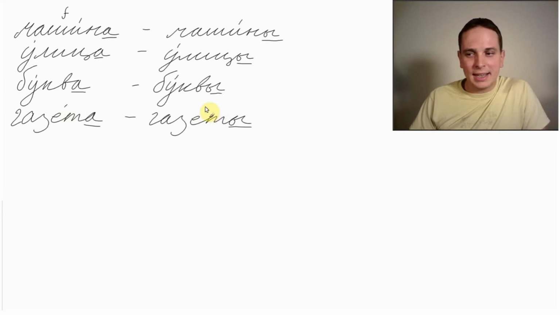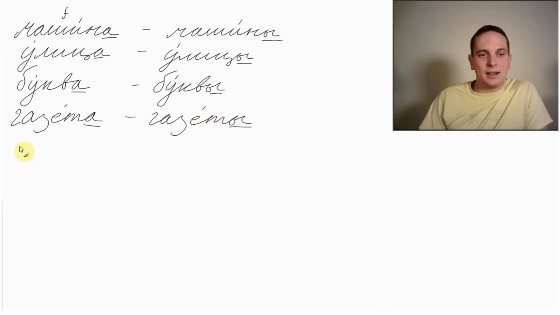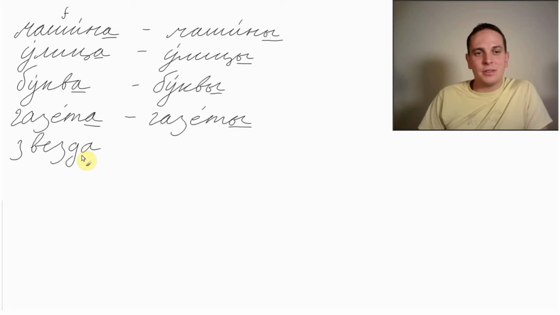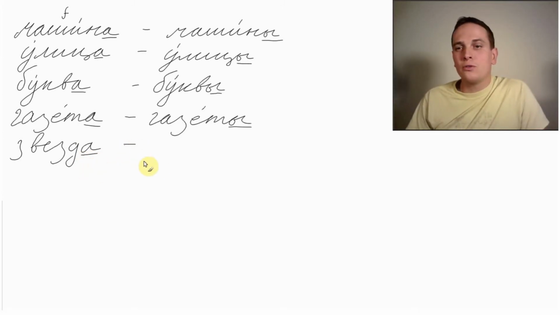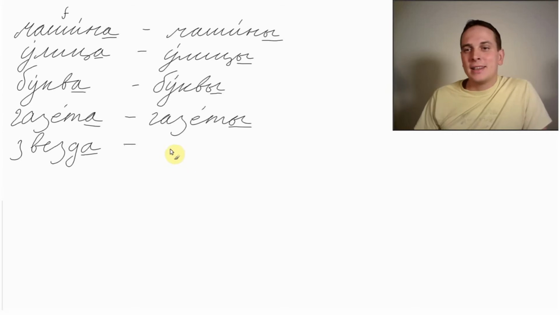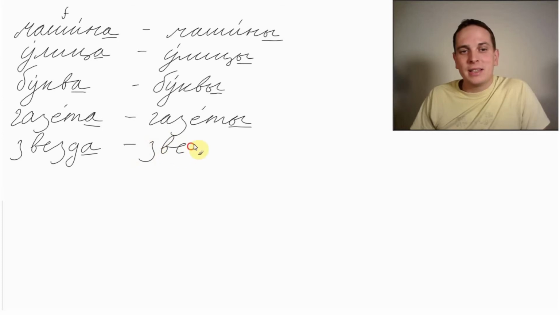Газета, газеты. Звезда. Звезда is star. Звезда ends in a. What would be the plural of звезда? So, according to the pattern, it would be звезды.